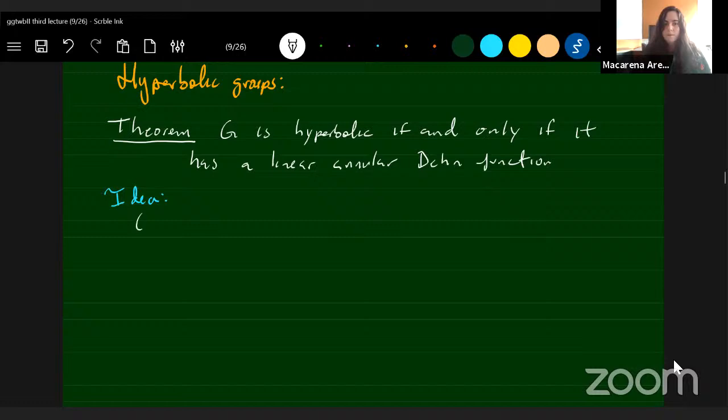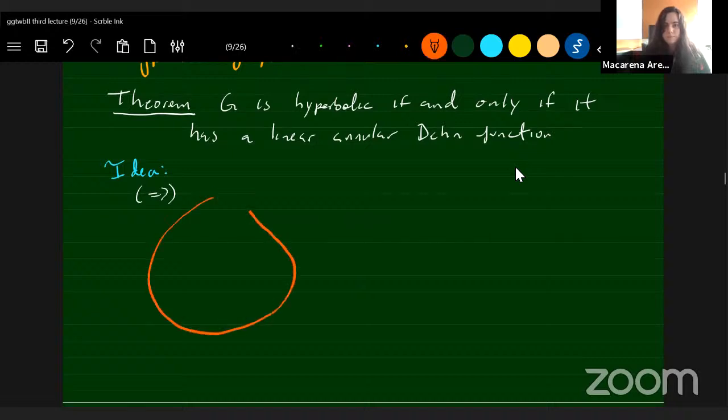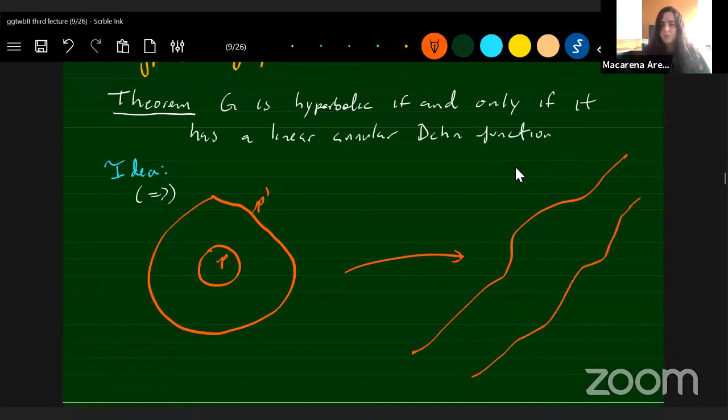What's the idea? The idea is just that if we have an annular diagram, I'm going to assume that the boundary paths of the diagram lift to geodesics in the universal cover.